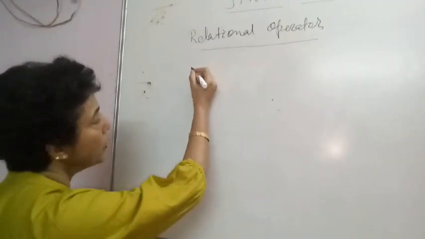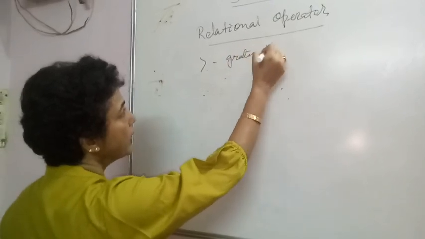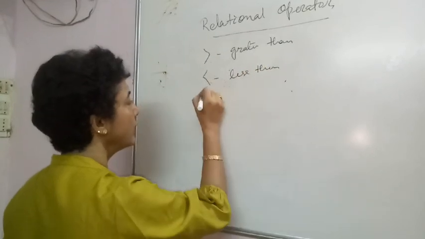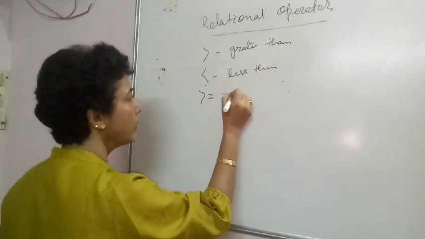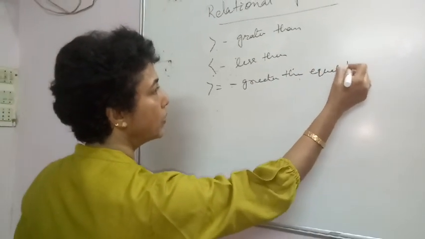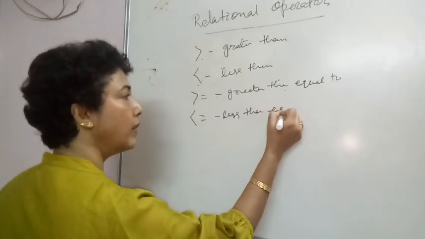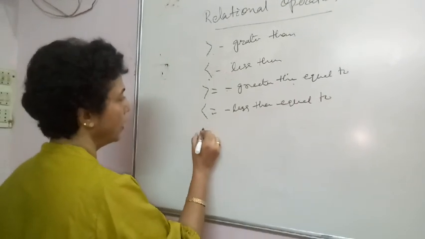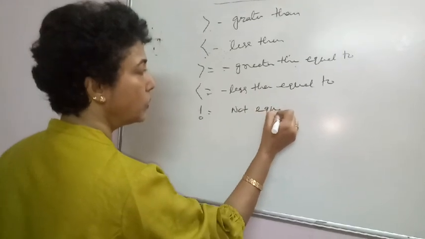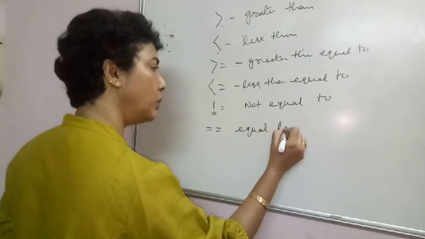Some of the well-known relational operators are: this is greater than, this is less than, this is greater than or equal to, this is less than or equal to, this is not equal to, and this is equal to.